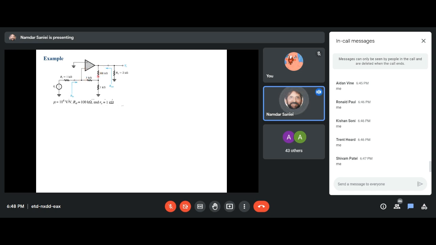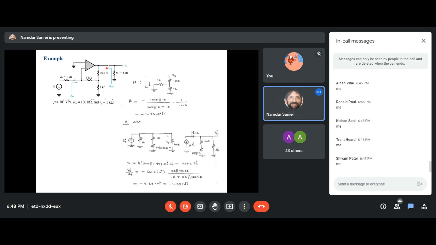Okay, so it's bringing the current into the input. So it is shunt on the input, shunt on the output. Now, the feedback network is these 3 resistances. So if we want to find beta, we need to go through this, and we will find that.